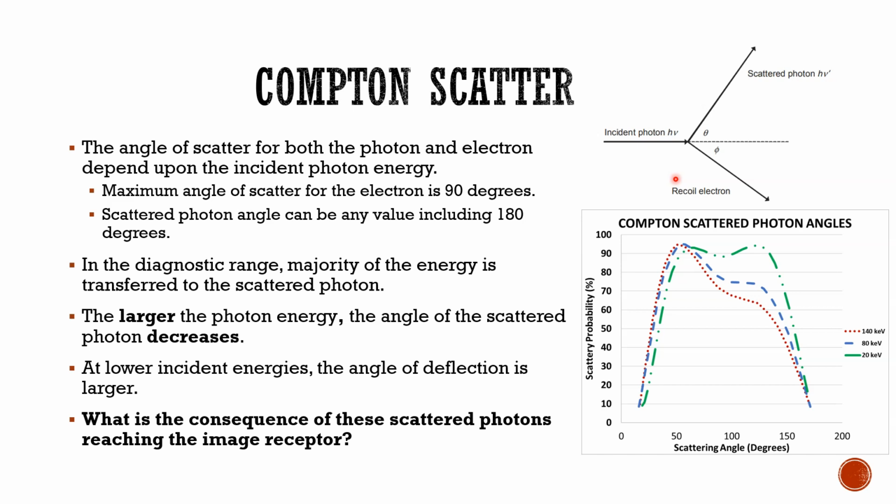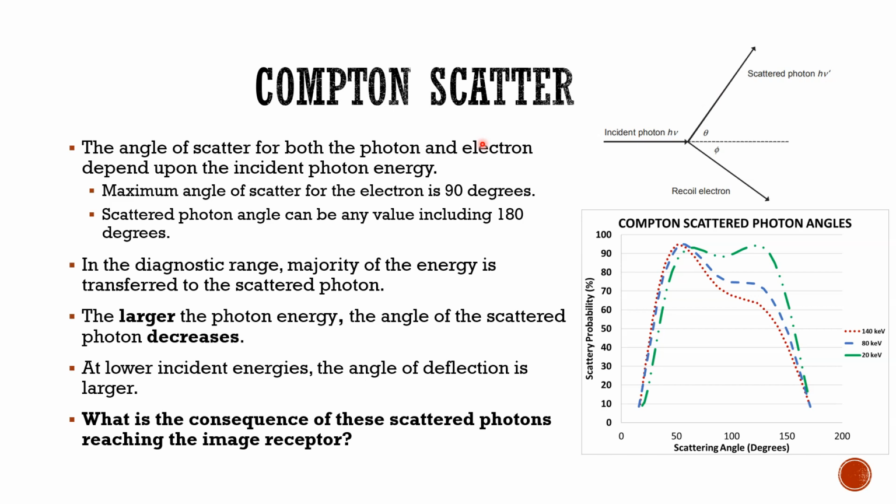The difference between the incident photon and the orbital binding energy of that electron results in a scattered photon at some scattered angle. Now let's talk about the range of those scattered angles.